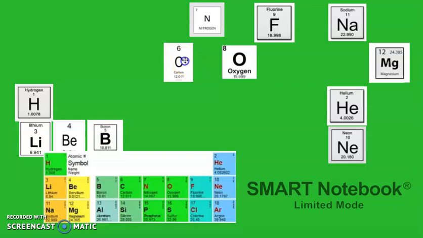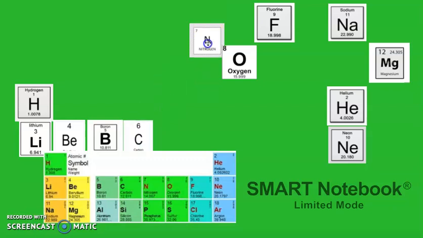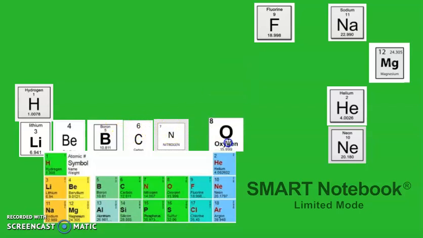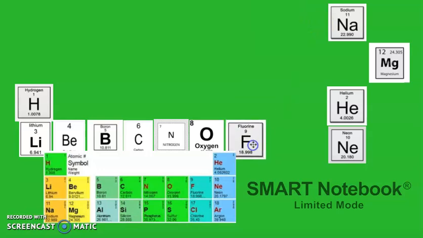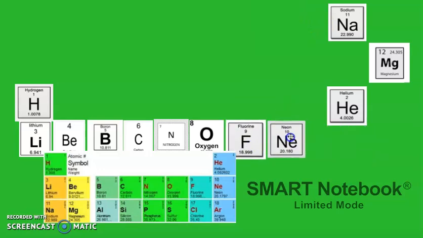And I'm kind of reconstructing what we have here. But we have in the outer shell, lithium has 1, beryllium has 2, boron has 3, carbon has 4, nitrogen has 5, oxygen has 6, fluorine has 7, and then you have neon, which has 8 in its outer shell.